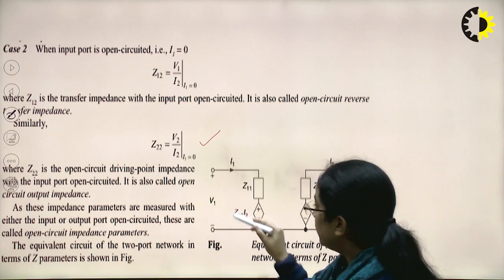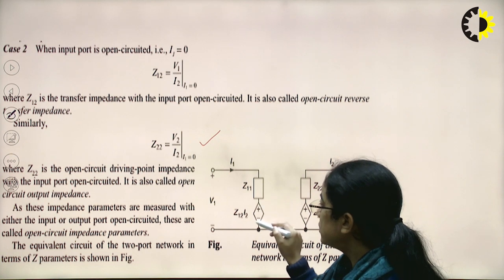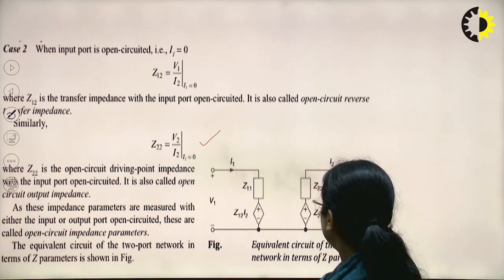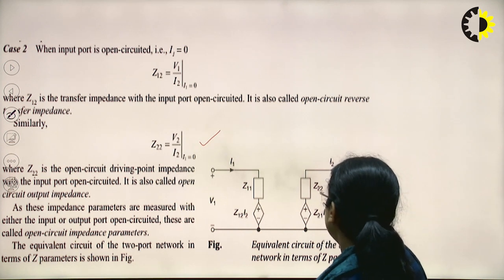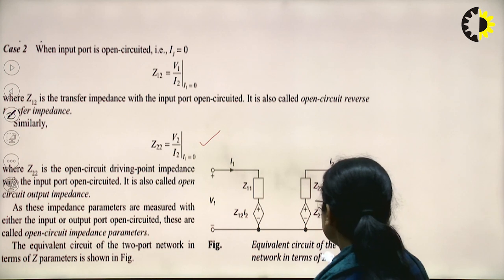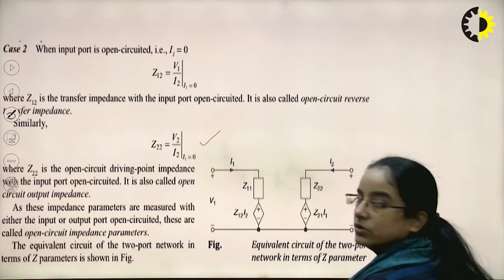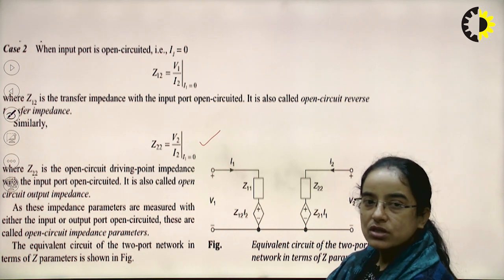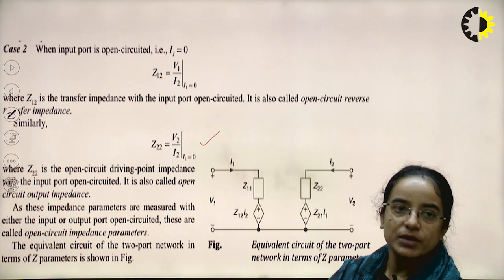Okay, so here V1, if you write the equation, V1 will be Z11 I1 plus Z12 I2, and if we see the output port, V2 will be Z22 I2 plus Z21 I1. So this is the equivalent circuit of the two-port network in terms of Z parameters.